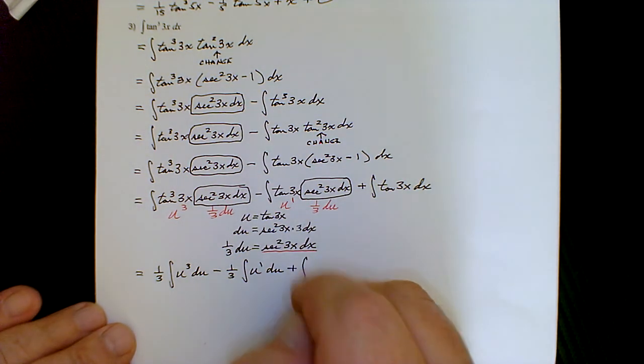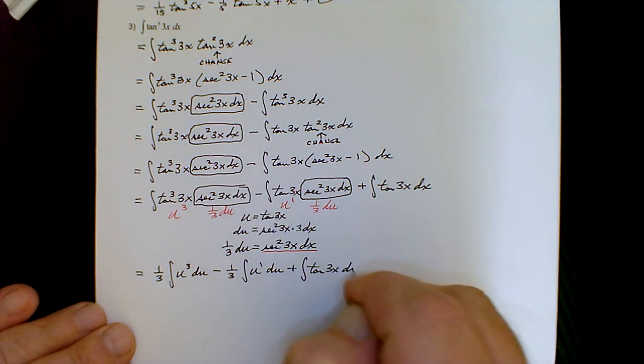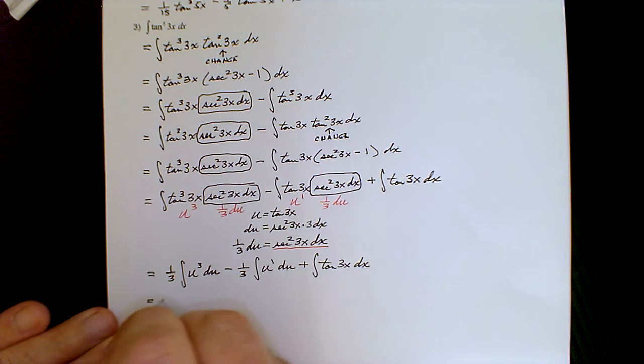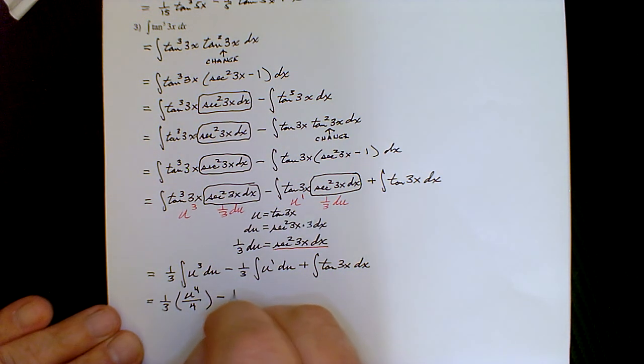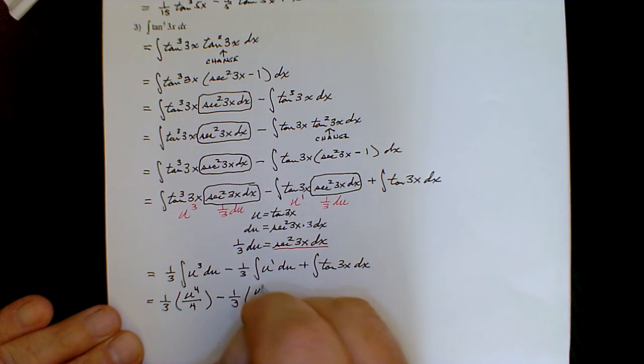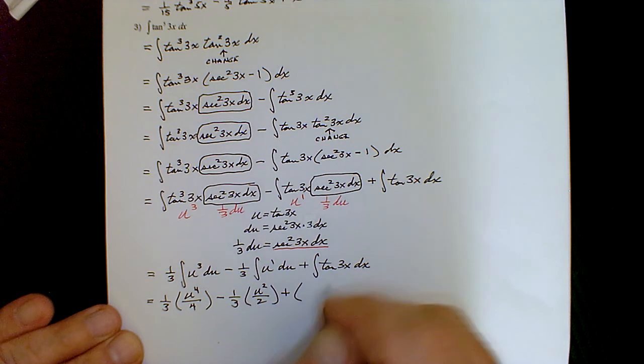Now we can integrate, so 1/3 u to the third integrates to be u to the fourth over 4. Next term, minus 1/3 u to the first, integrates to be u squared over 2. And then here we have plus tangent, integrates to be negative natural log absolute value of cosine, but because the argument 3x modified by 1/3.